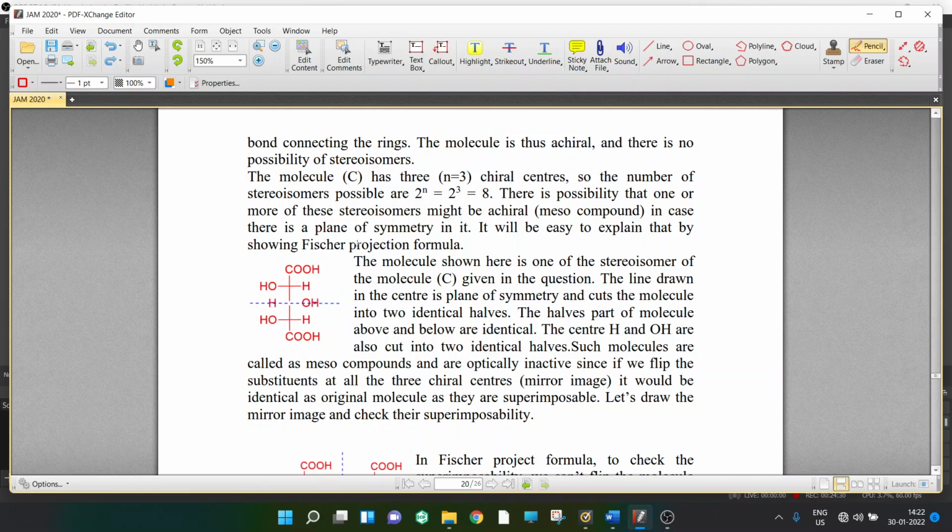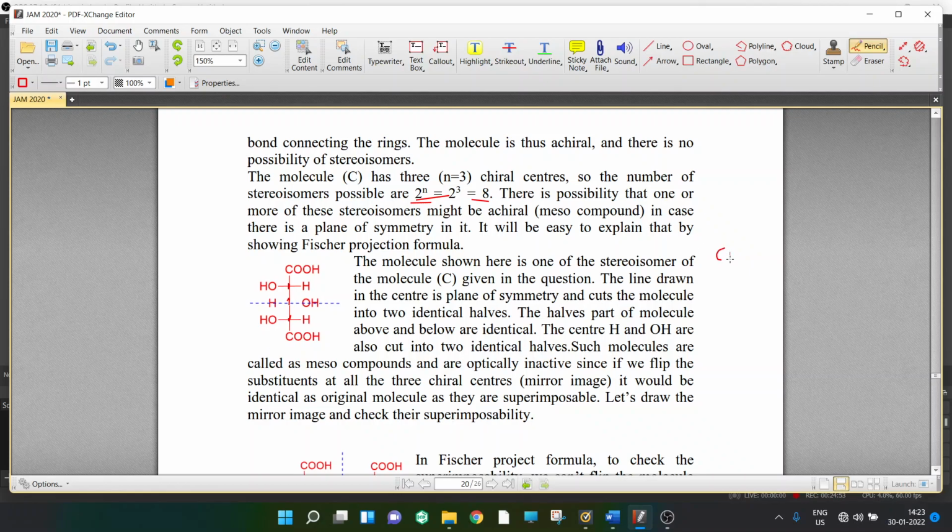See here the number of chiral centers. This is one chiral center, this is another, and this is another. So 3 chiral centers are there, and the number of stereoisomers possible is 2 to the power n, that equals 2 to the power 3 equals 8. Let me just draw one more for you.